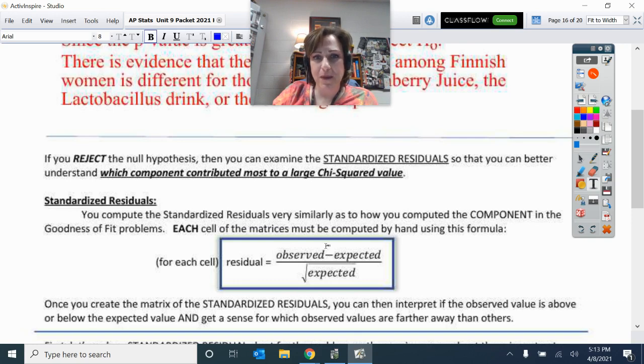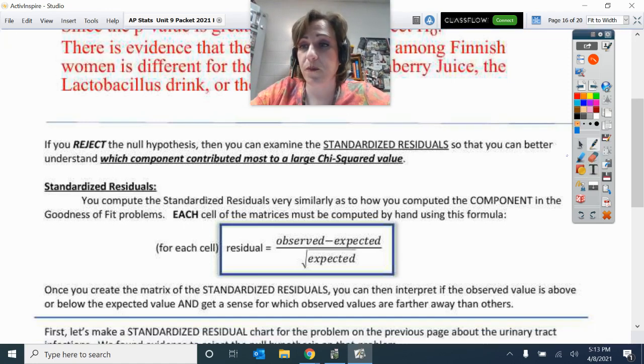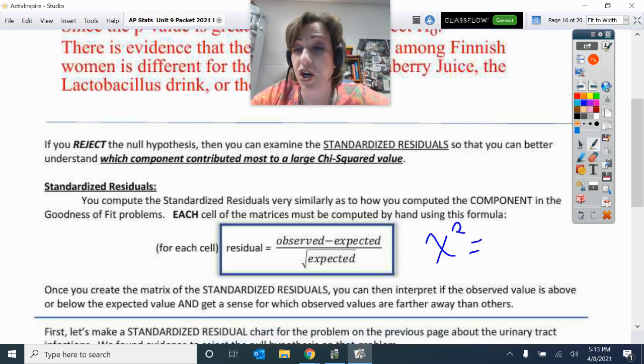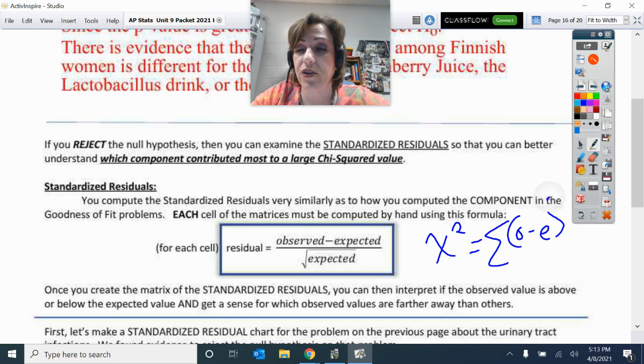It's observed minus expected, so without the squared, over the square root of expected. If you remember, our chi-squared formula on the formula chart is summing up the observed minus expected quantity squared over expected.